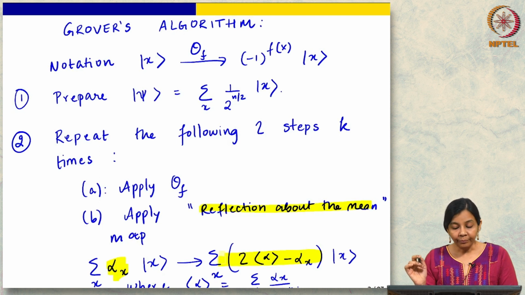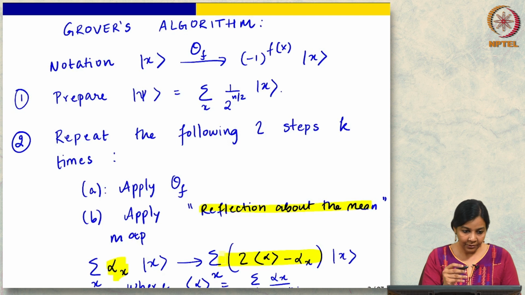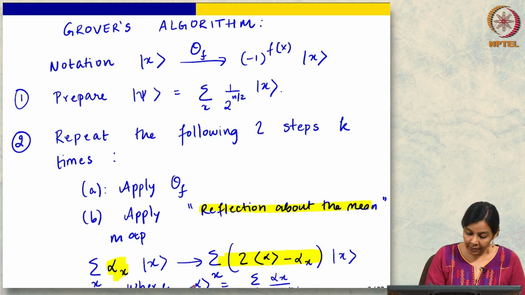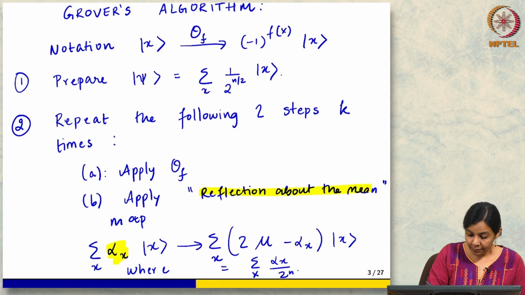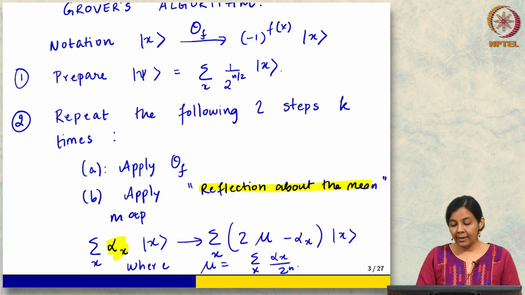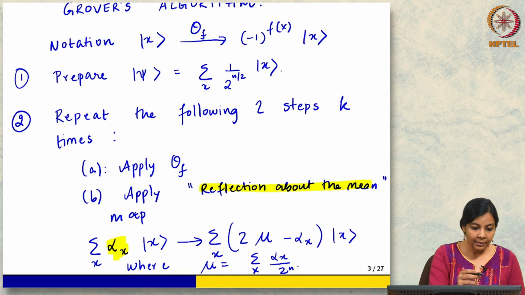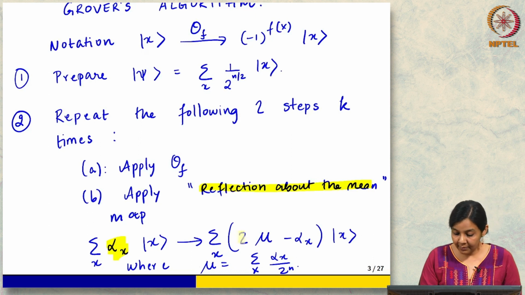And once again, here alpha within the brackets, maybe I should call it something else instead of alpha, just to avoid confusion. Let me call it mu. Let us call this mu. I hope I remember to stick to that, but at least let us try that.